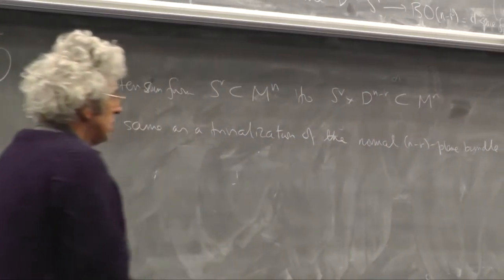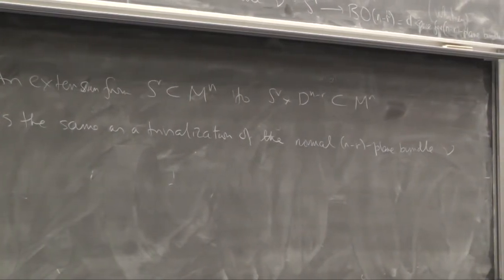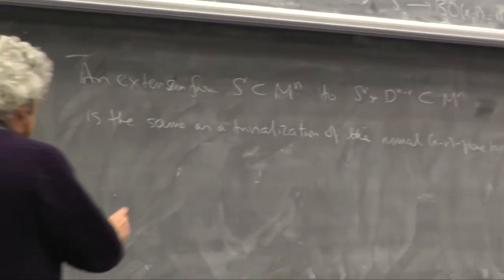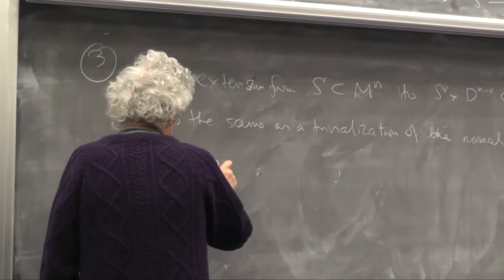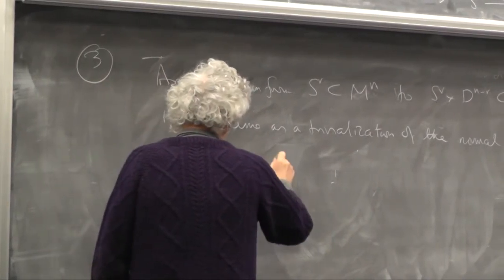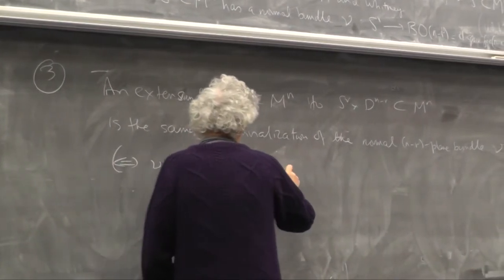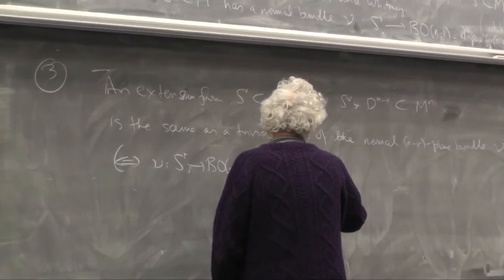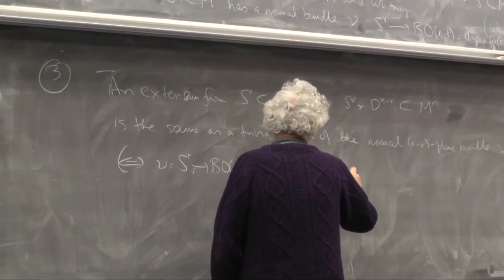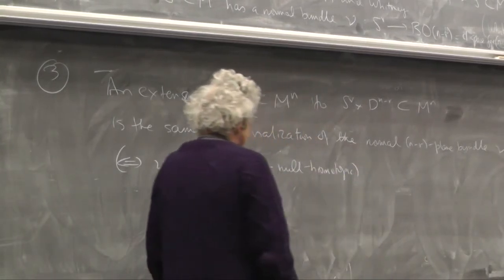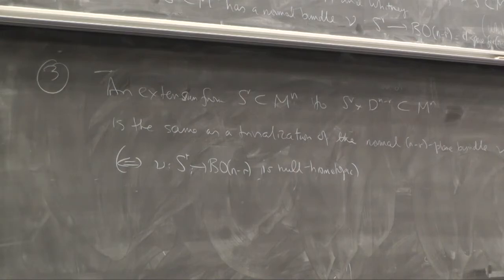And so that looks like a kind of unstable homotopy problem, if and only if this classifying map is null-homotopic. So that's pretty bad in one sense, but it's not very algebraic, I mean by bad.